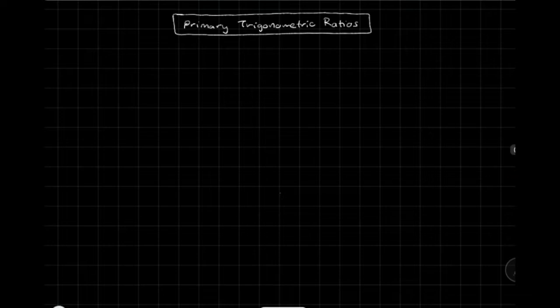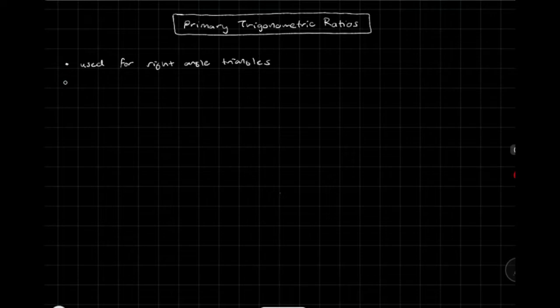So we know that trigonometry is the study of triangles. When we're looking at these primary trigonometric ratios, we're going to be specifically looking at right angle triangles. These are only used for right angle triangles. These ratios can help us look at the relationship between an angle, a reference angle, and its particular side lengths in a triangle.